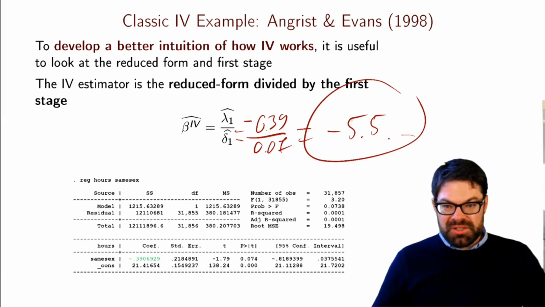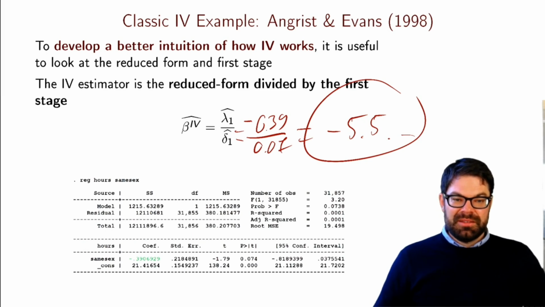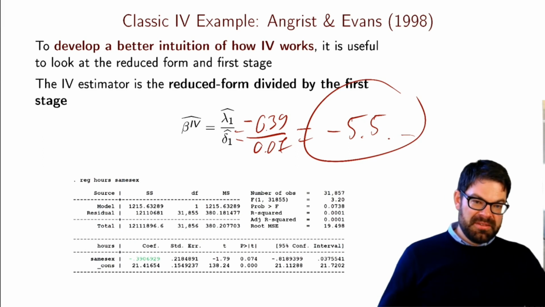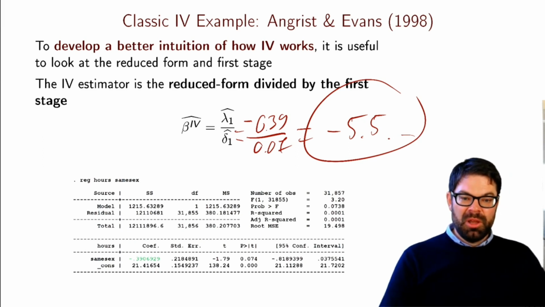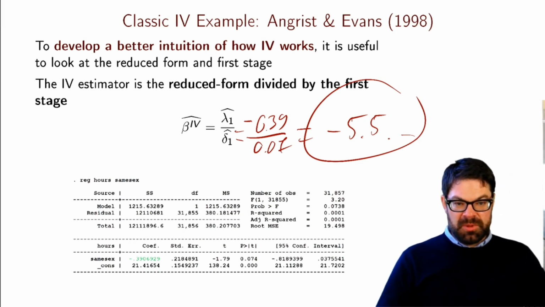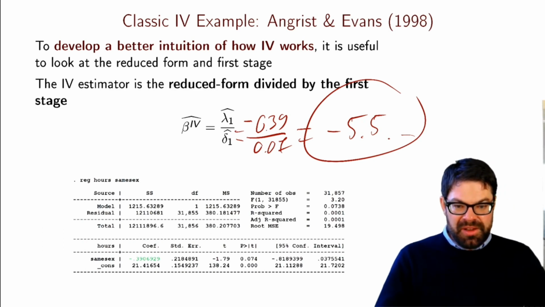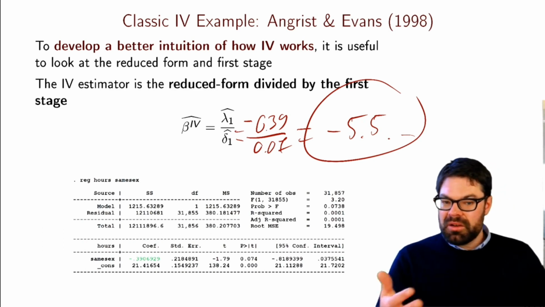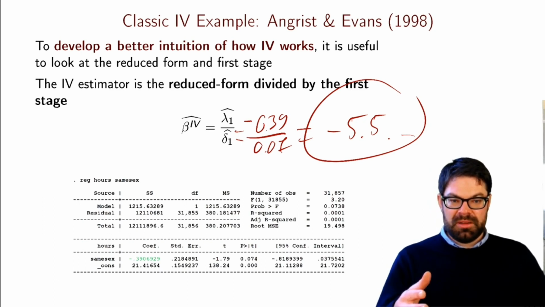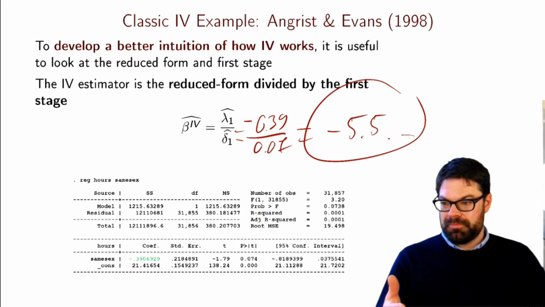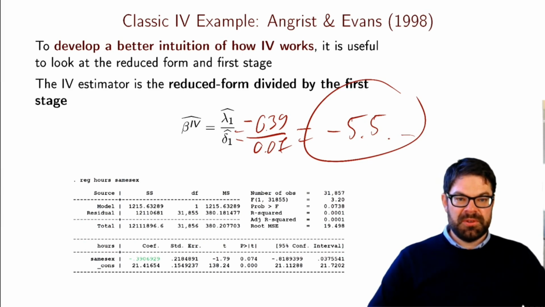An additional question here is, now we have obviously only been able to identify this effect over those people who responded to the treatment. Those who did not respond, so those who had 2 boys or 2 girls and chose not to have a third child, are not relevant for this estimation here. And we will see this when we talk about local average treatment effects in a future video.